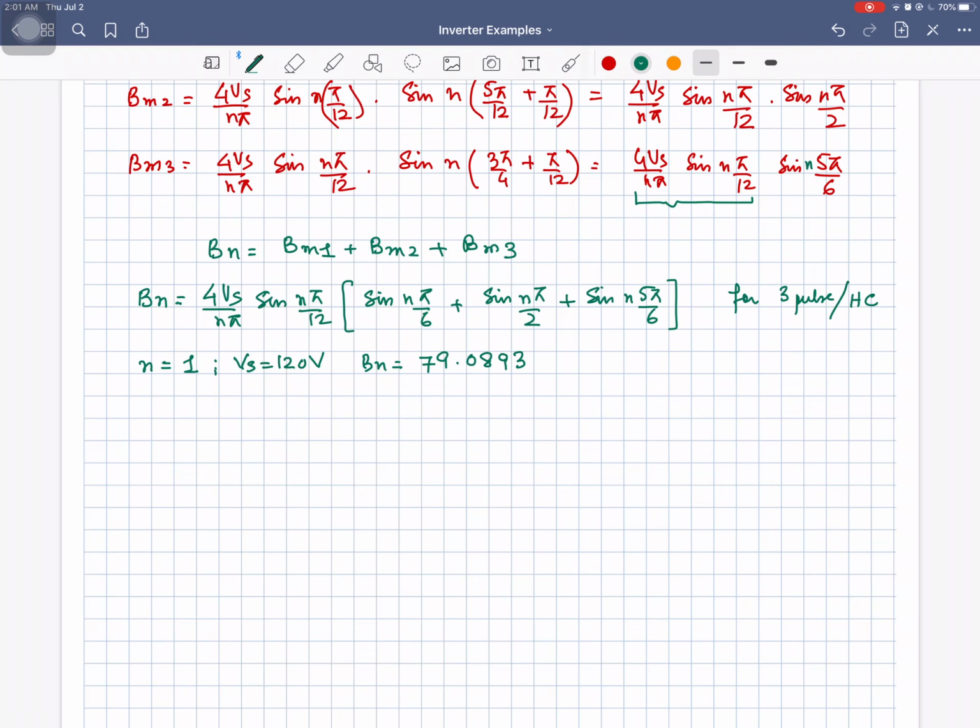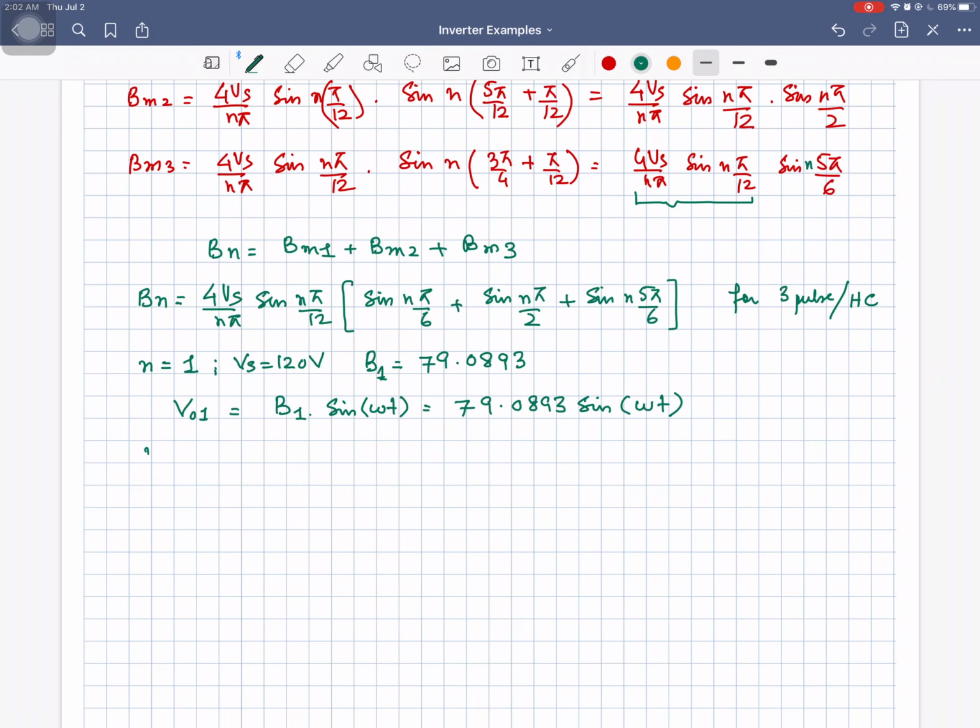So that is B1. So our fundamental output voltage V01 is equal to B1 into sine of omega t, so 79.0893 into sine of omega t, this is our fundamental component.